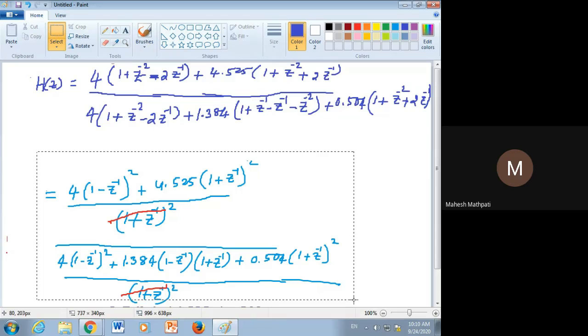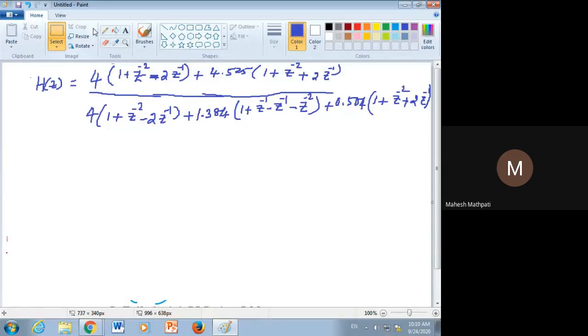Till here everyone's answer is the same, okay, then further we can simplify it as again, this is equals to 4 into like 4 plus 4 z power minus 2 minus 8 z inverse, then plus 4.525 plus 4.525 z power minus 2 plus, so what is its multiplication?